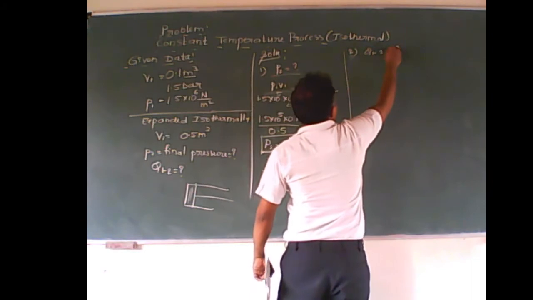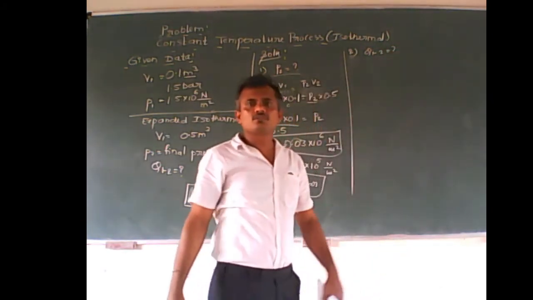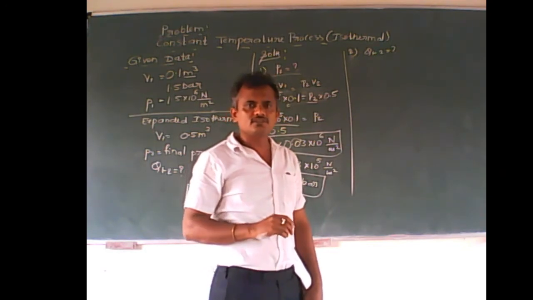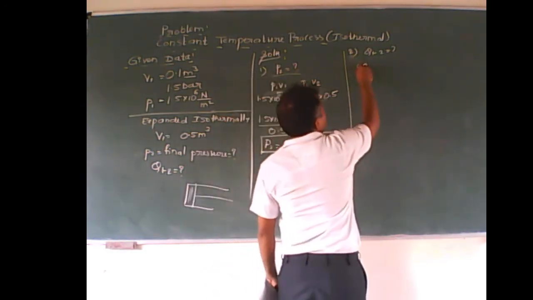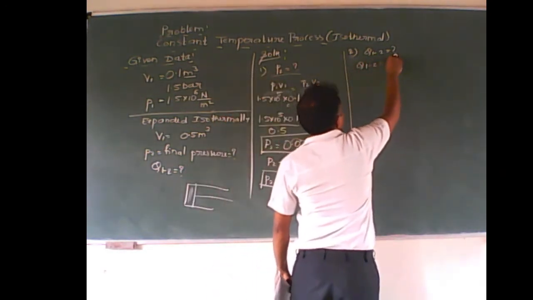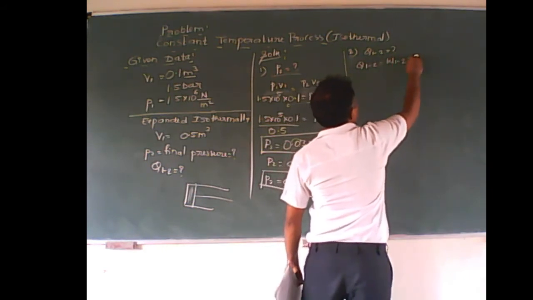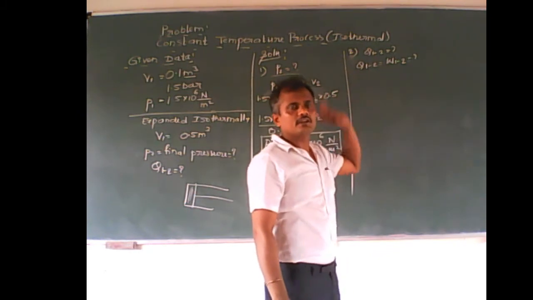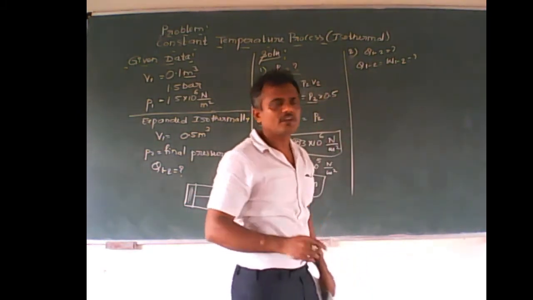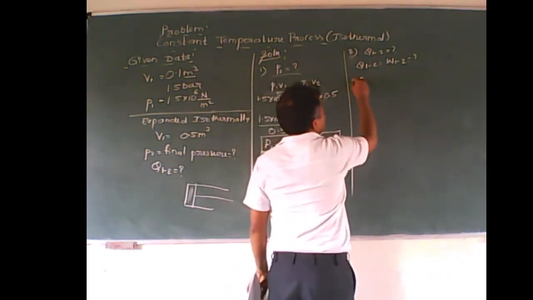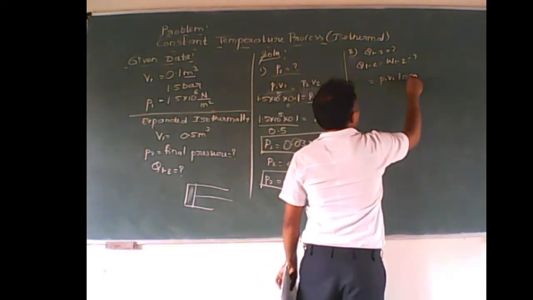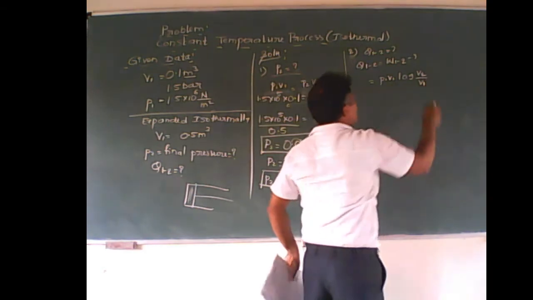Now I would like to take the second one, heat supplied. Heat supplied is unknown to us. As you know, when a constant temperature process is taken, the change in internal energy is 0, therefore work done is equal to heat supplied. If I calculate the value of work done, then you can easily calculate the heat supplied. Work done is P1 V1 into log of V2 by V1.